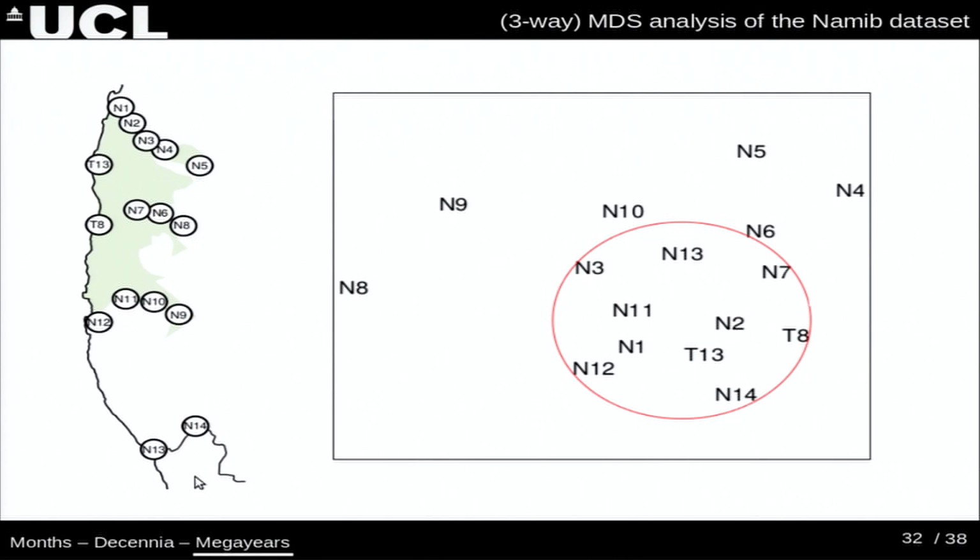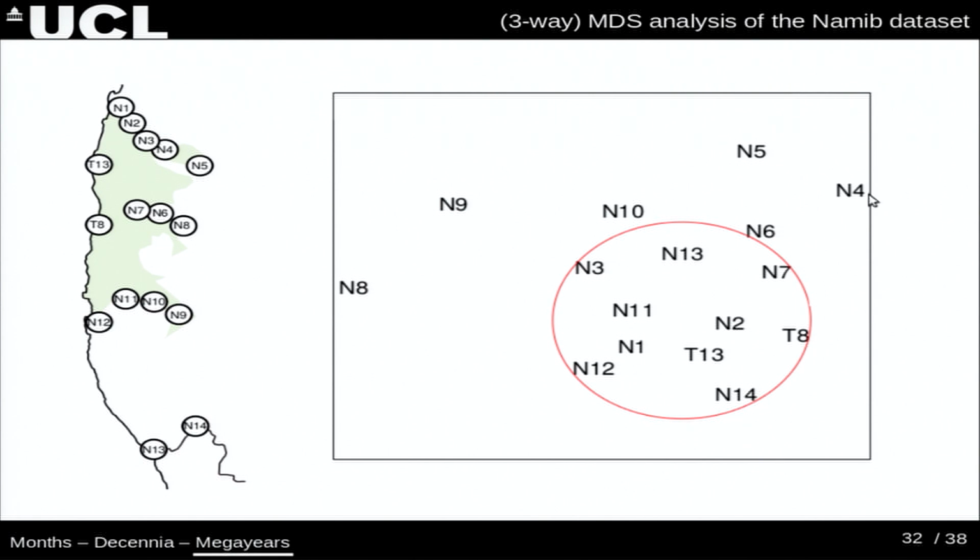Actually, if we zoom into this field area, so here are 2 samples of Orange River sand, and this is the Namib Sand Sea. We can see that the sand along the coast of the Orange River, all these samples plot close together. So these are very similar compositions. The sand along the coast is all derived from the Orange River.